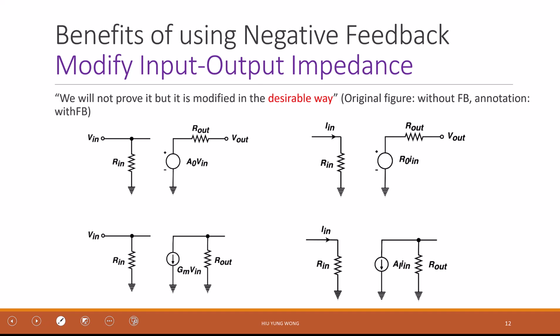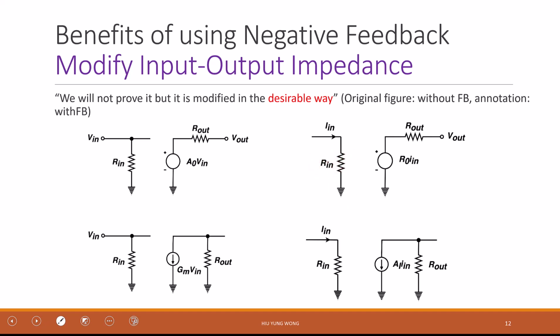For example, we just talked about this transimpedance amplifier. It has an R in and R out. So if I tell you that if you hook it up in feedback, it will be a more ideal transimpedance amplifier, do you think it's going to increase or reduce the R in? Reduce. Can you explain one more time why reducing it makes it more ideal?